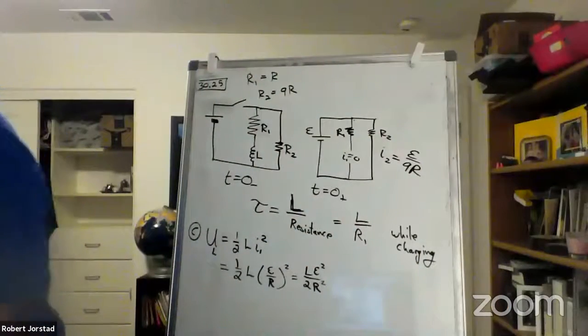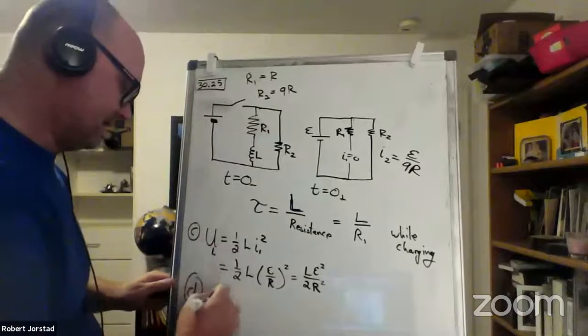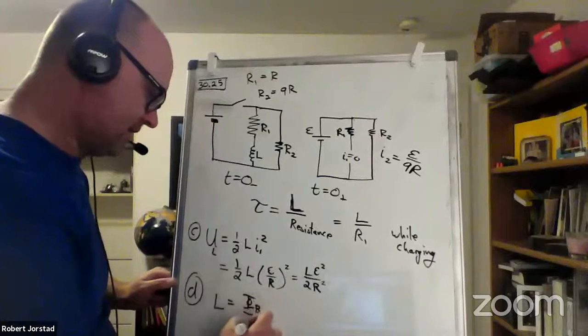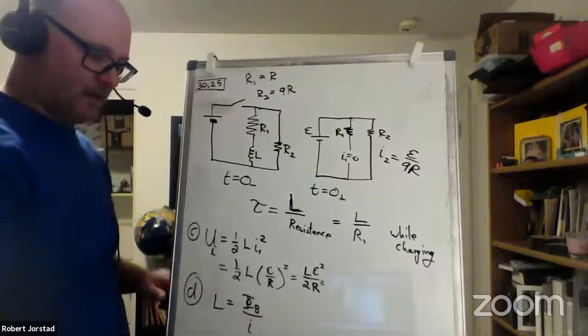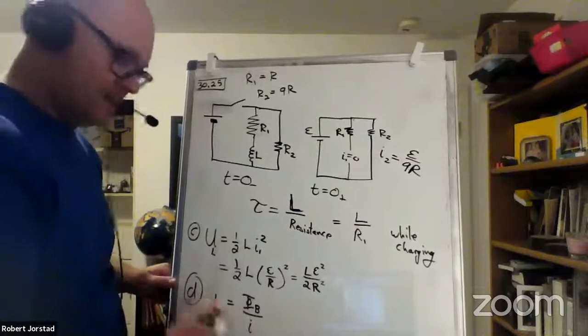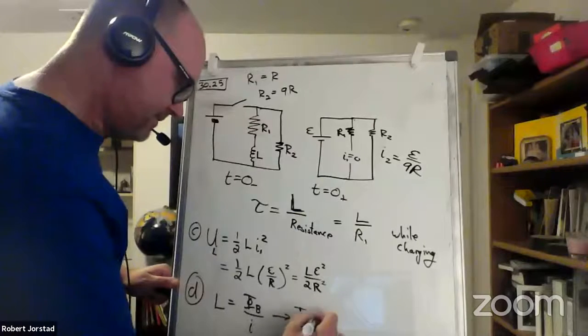All right, so don't overthink it. Part D just says L is equal to magnetic flux per unit current. I know the current, I know the inductance in this problem, so rearrange them.